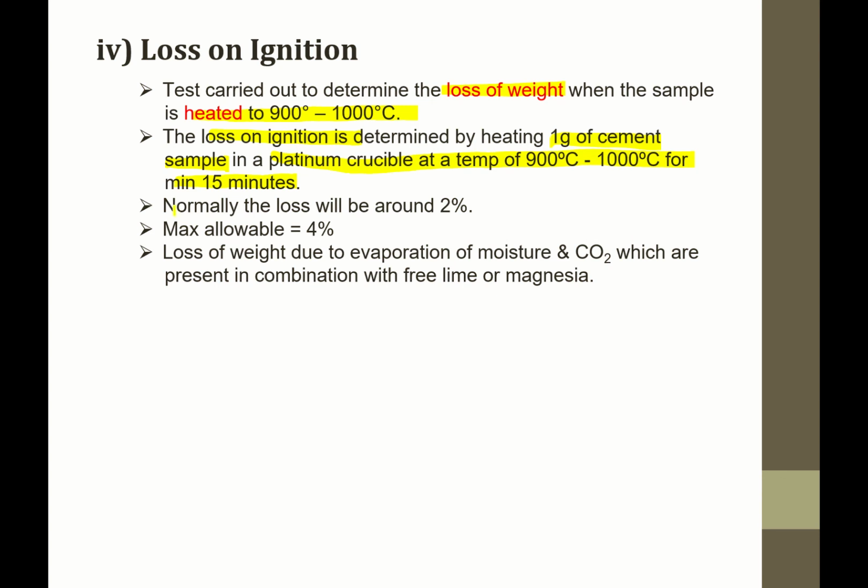Normally the loss will be around 2%, and the maximum allowable loss is 4%. The loss of weight is due to evaporation of moisture and CO2, which are present in combination with free lime or magnesia. That is the factor affecting loss of weight during the testing.